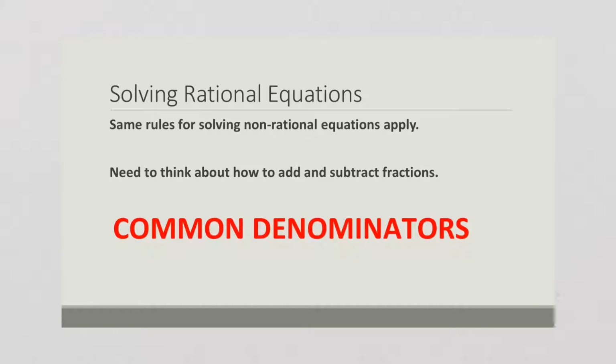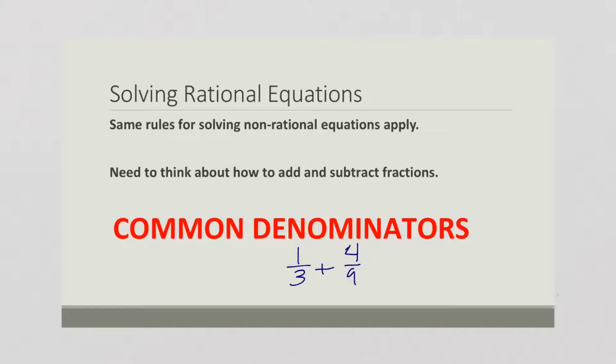For example, if I wanted to add 1/3 plus 4/9, I have to make sure that I have common denominators. Well, 9 would be my common denominator because 3 can go into 9.